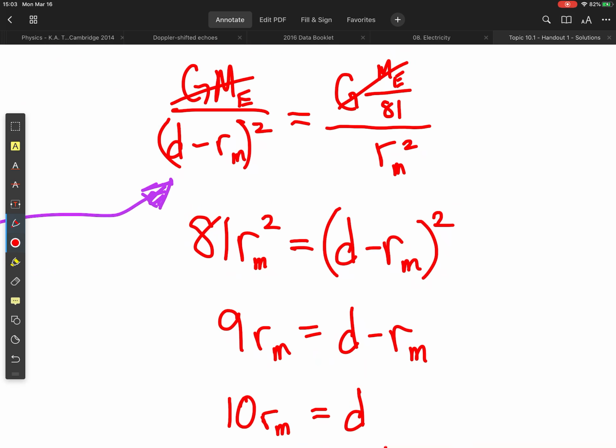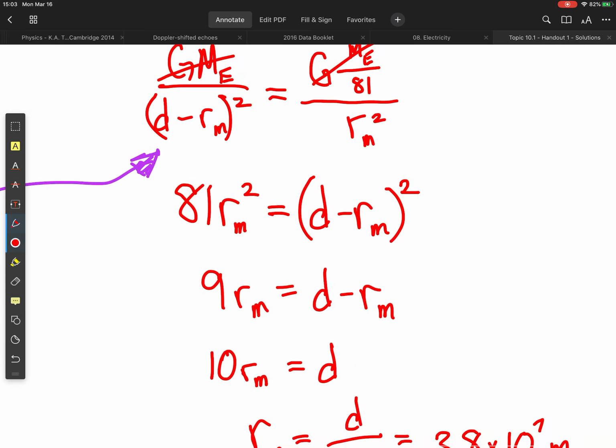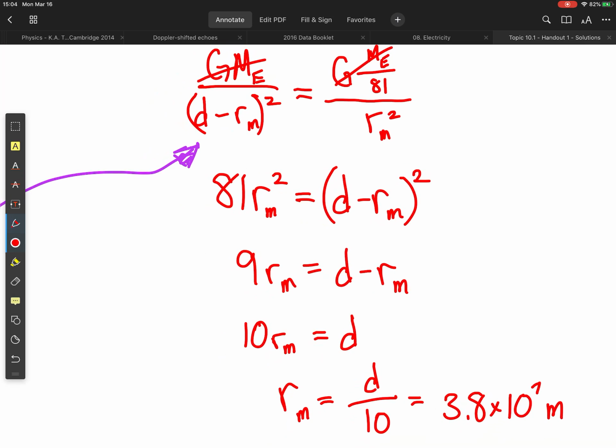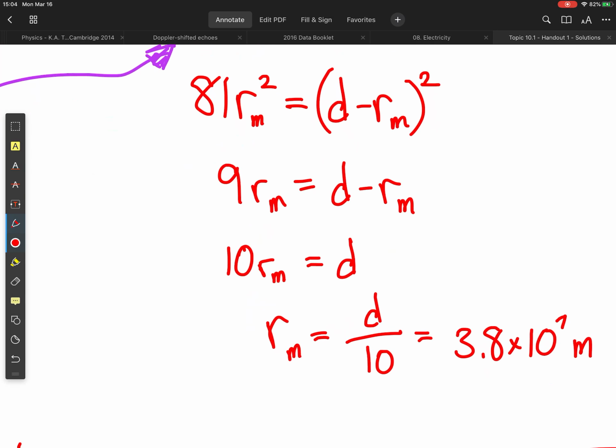And with a little more algebra, we get to 81 times the radius between the moon and point P squared equal to the quantity d minus r sub m squared. And this is very, very convenient now because we can take the square root of all of our terms, and we don't have to worry about quadratic formulae or other such useful but kind of annoying math tools.